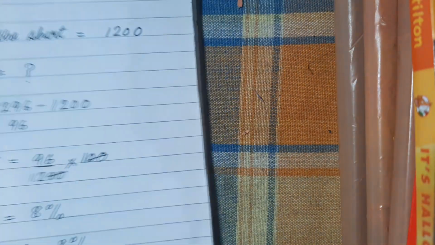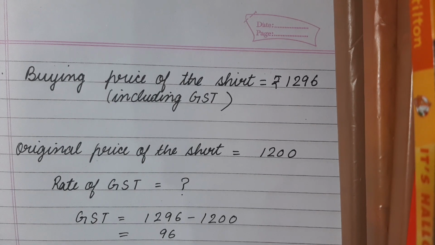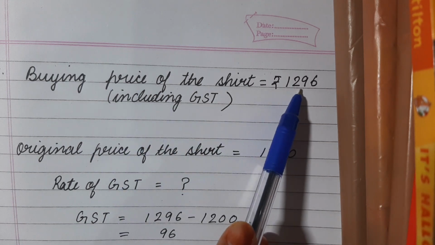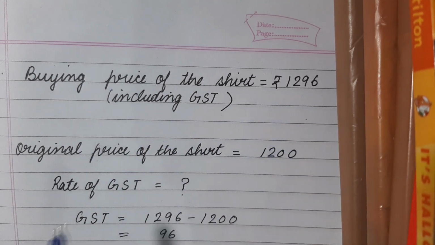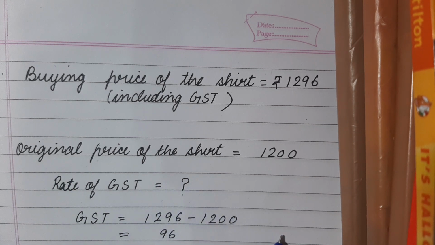Now question number 4 says that Gaurav bought a shirt for rupees 1296 including GST. The original price of the shirt is 1200. We have to find the rate of GST.